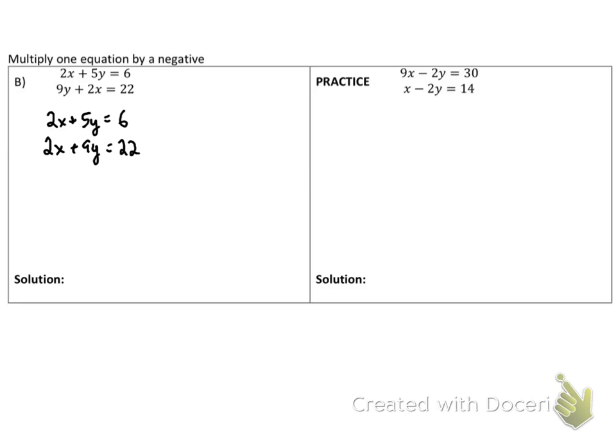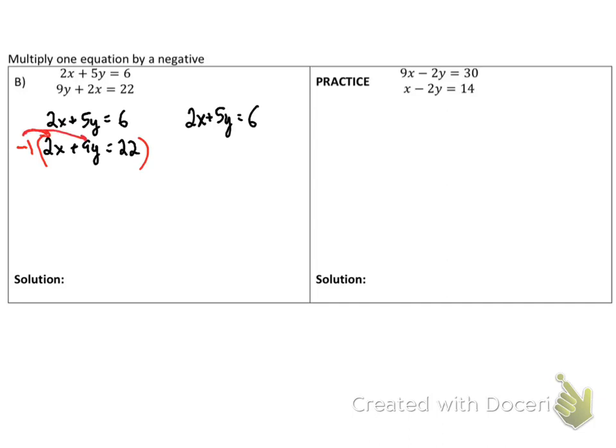So what I need to do is I'm actually going to multiply the bottom equation, the entire equation, by negative 1. So the top equation stays 2x plus 5y equals 6. The bottom equation, though, is going to become, well, what do I got to do?